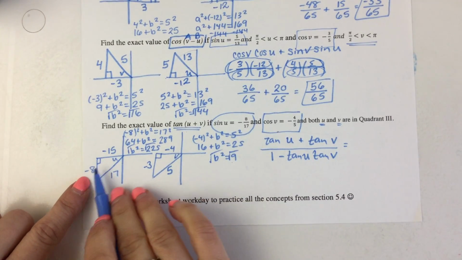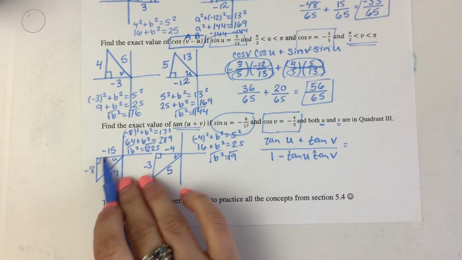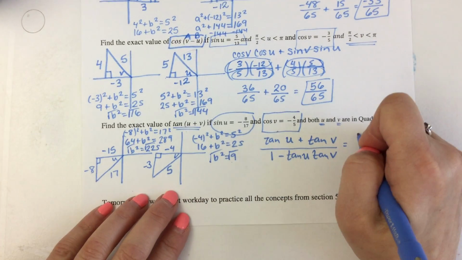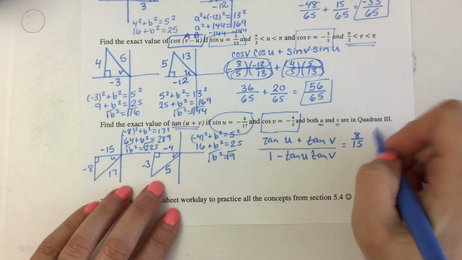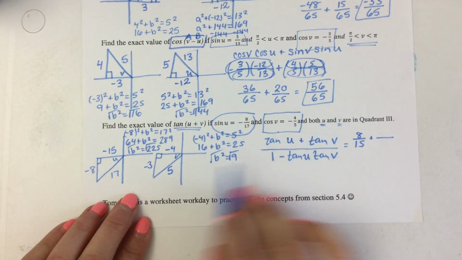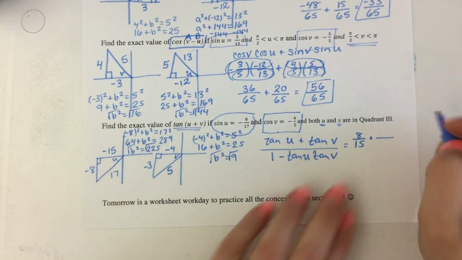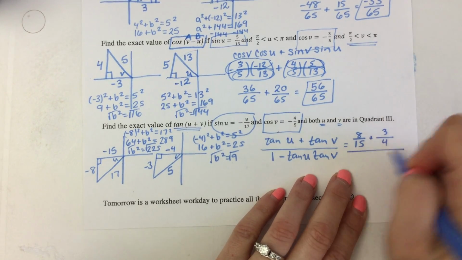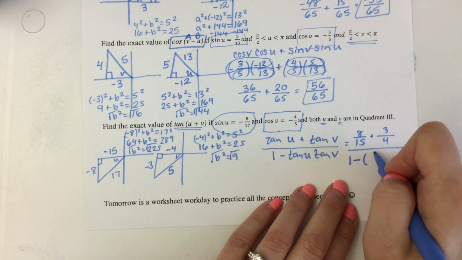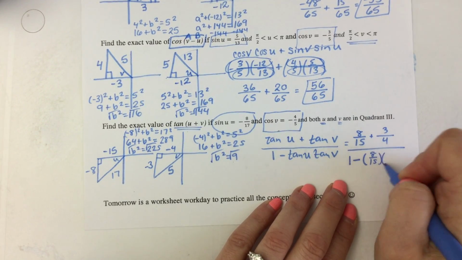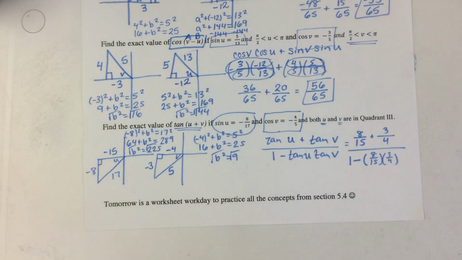Tangent of U. Tangent is opposite over adjacent. So I have 8 over 15, because negative will cancel a negative, plus V, opposite over adjacent. I have 3/4 over 1 minus. Now you take the two tangents and you multiply them together. So 8 over 15 times 3/4.